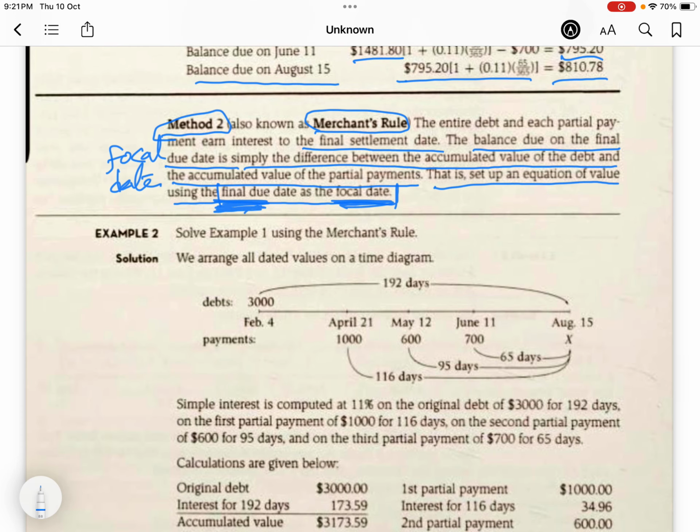Here, we solve example 1 using the merchant rule. The same example, but using the merchant rule. Focal date. First of all, the accumulated value of the debit equals the accumulated value of the partial payments.